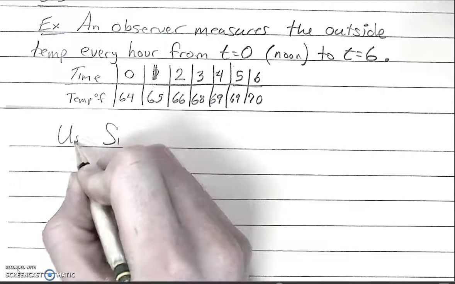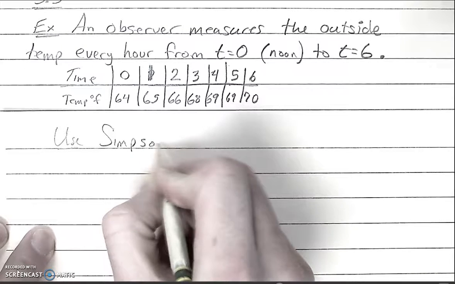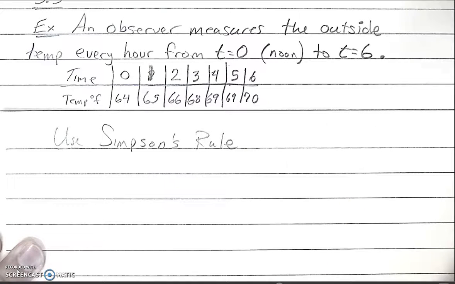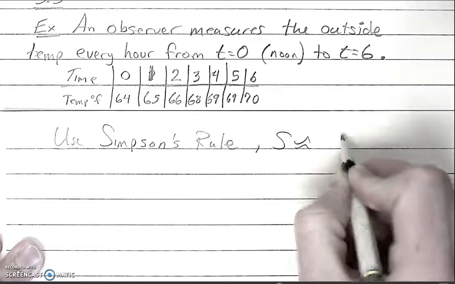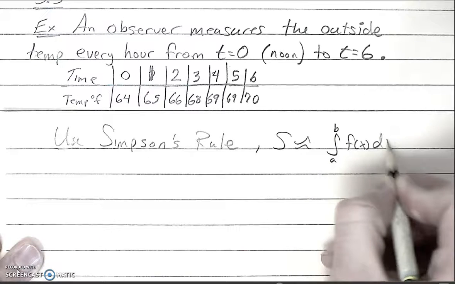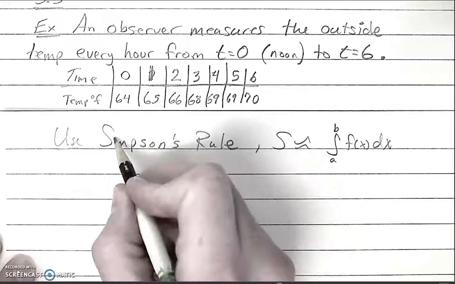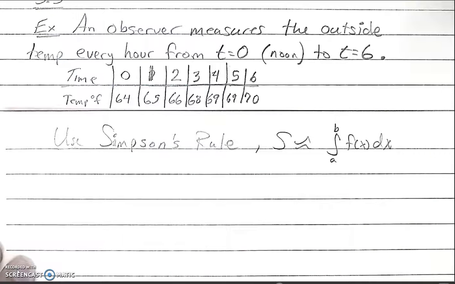So we're going to use Simpson's rule for the same set of data. Okay, this is Simpson's rule, where this capital S is approximately the integral from a to b of f of x dx. All right, and in the absence of an actual function that we can integrate, this is about as accurate as we can get, using either Simpson's or the trapezoidal rule.